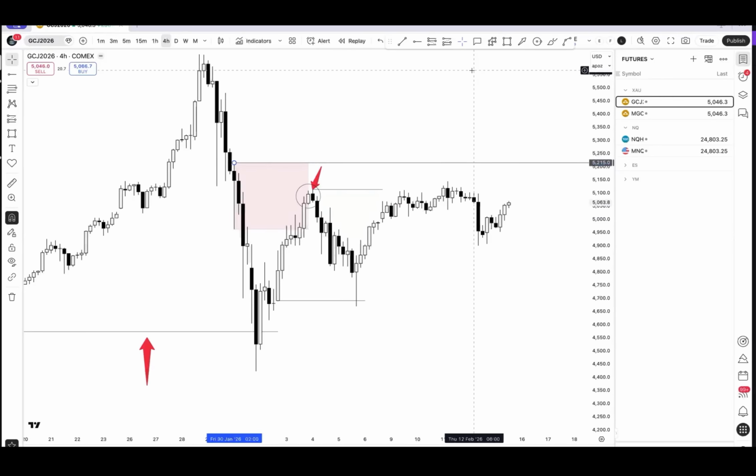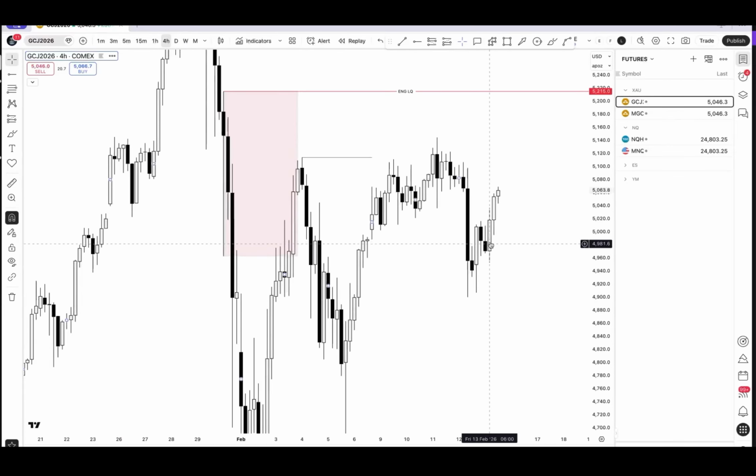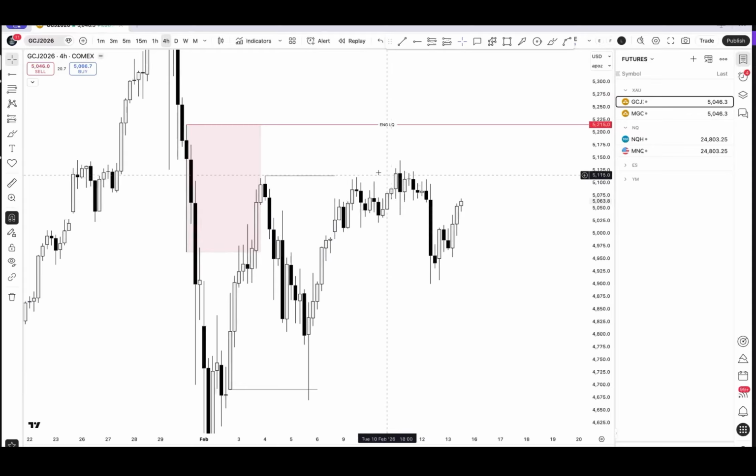Once these lows are taken, we now have engineered liquidity above here, so we have reasons to buy. But we can't just buy as soon as a low is taken. We have to look at our criteria and see if that matches up. So we take this high out from the left.